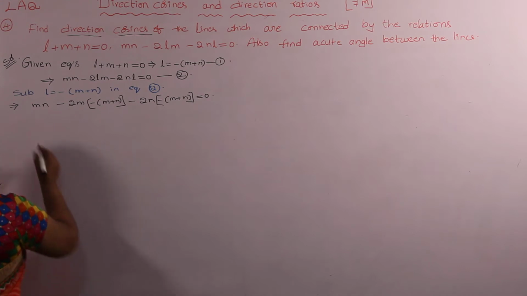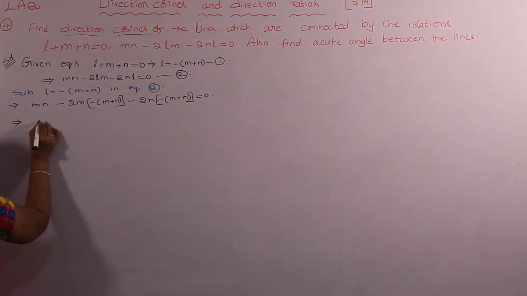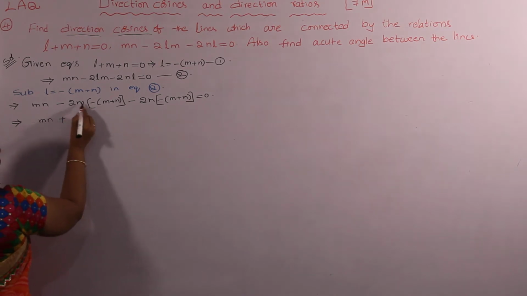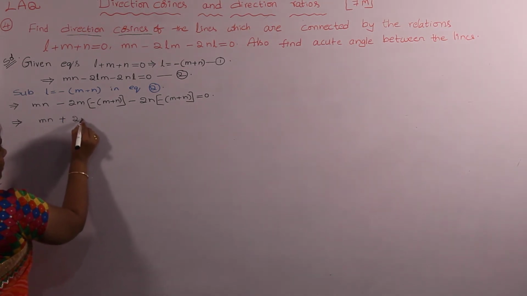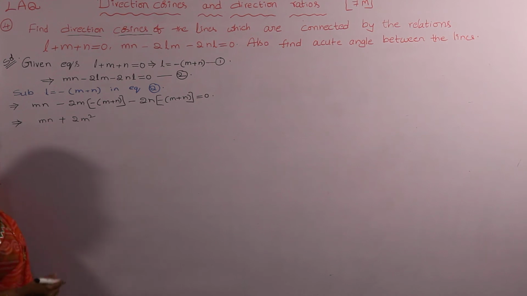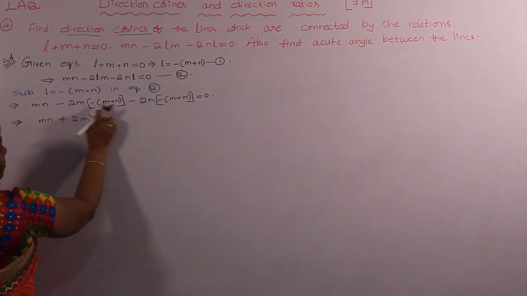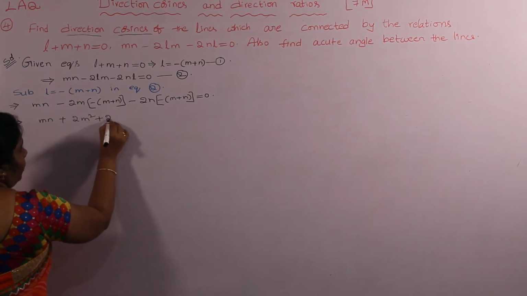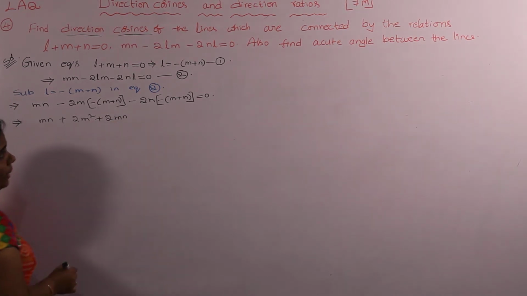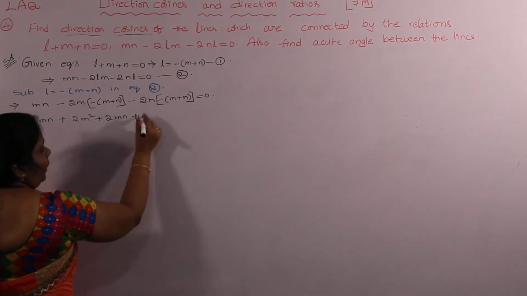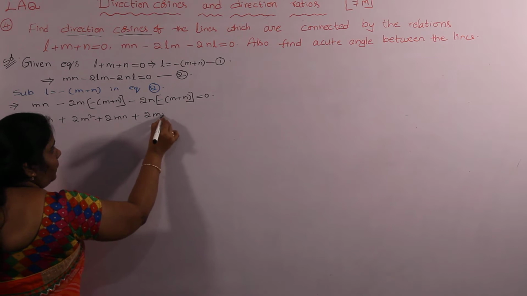That implies mn, minus into minus plus, 2m into m is 2m square. Minus into minus plus 2m into n is 2mn. Here also minus into minus is plus, 2n into m is 2mn.